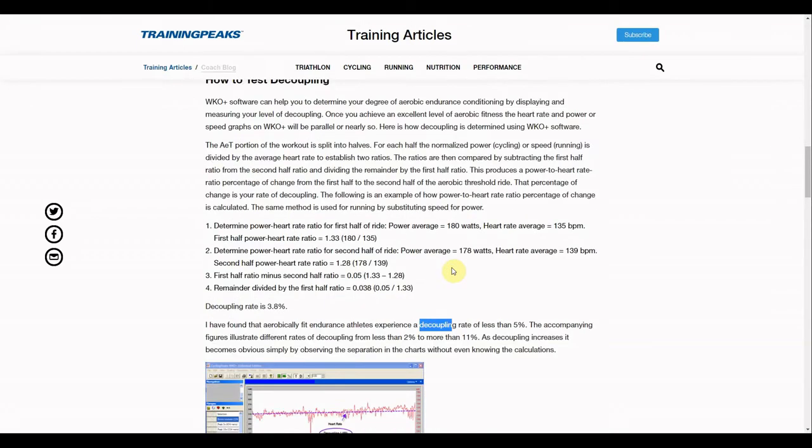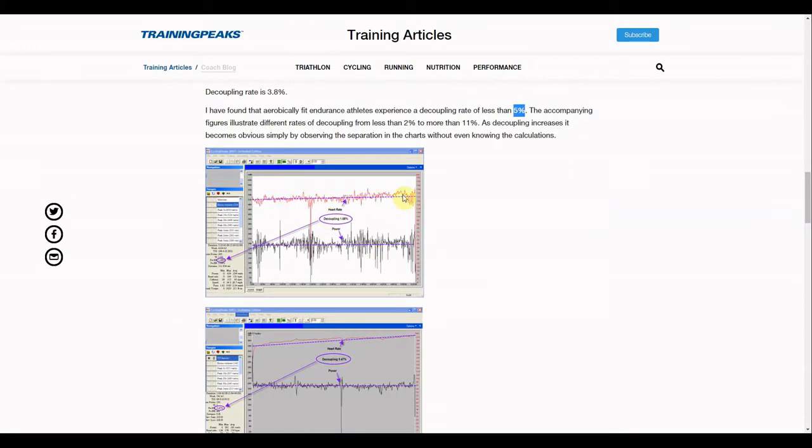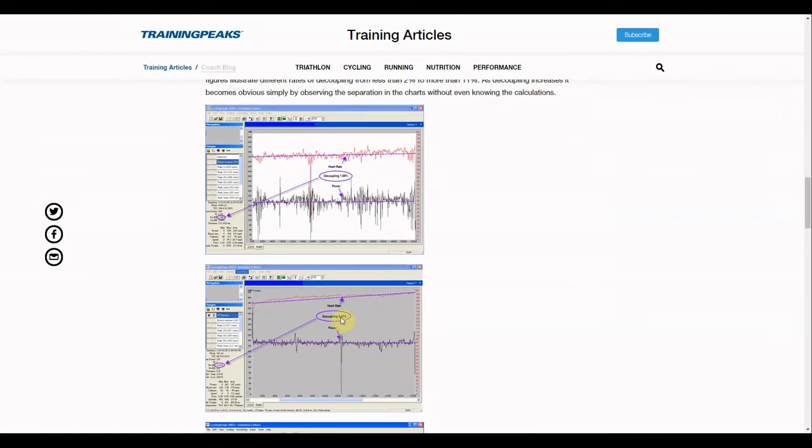In other words, you need to make sure that the cardiac drift is kept in check. So for example here that would look like so, there is a small increase but not too much, but here the increase is too high, above 5%.